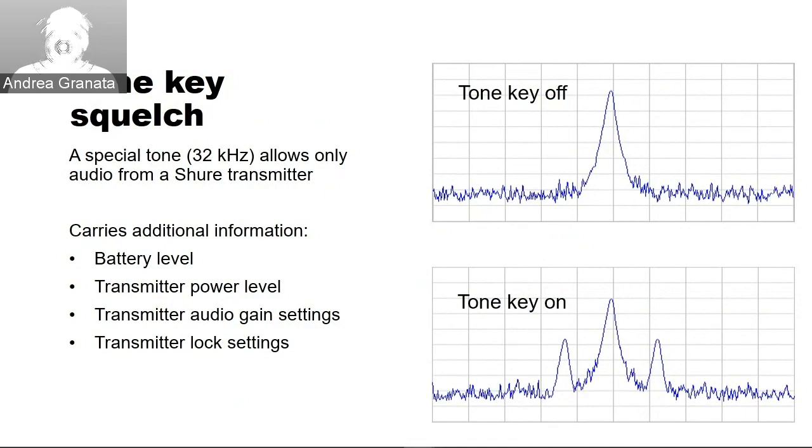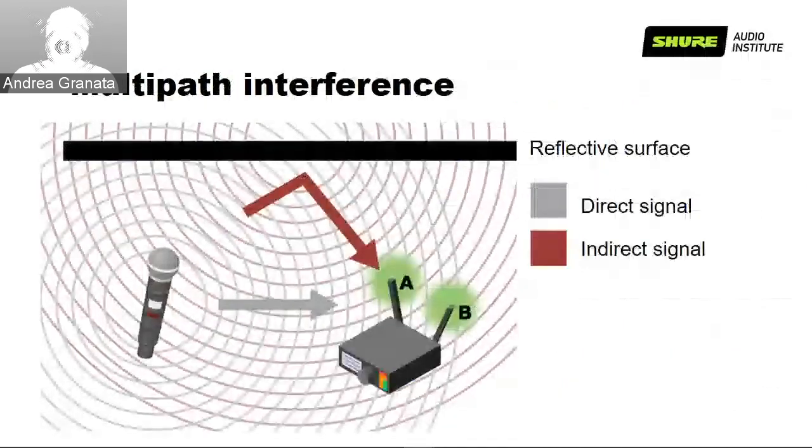After the squelch, if we are talking again about signal processing and we focus again on our RF signal, what's next is basically the explanation of why most of our receivers have two antennas.